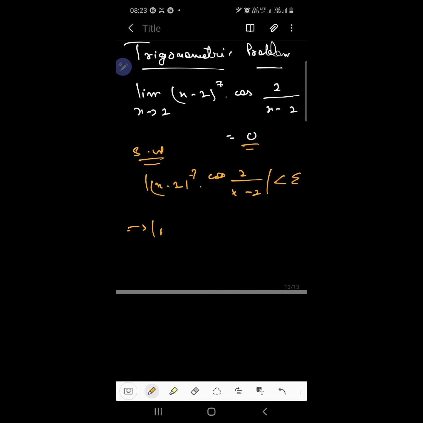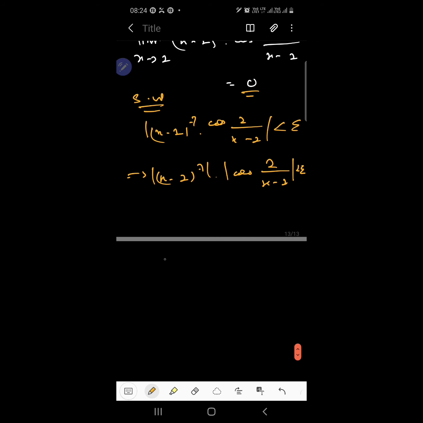So from here we can say that |x − 2|^7 times |cos(2/(x − 2))| < ε. Now see, we know that |cos θ| is less than or equal to 1 for all θ belonging to the set of reals.